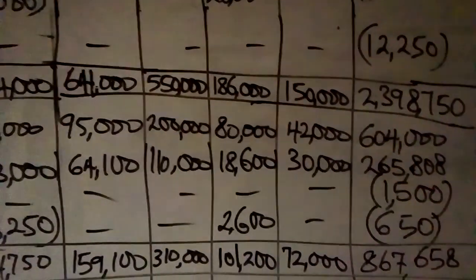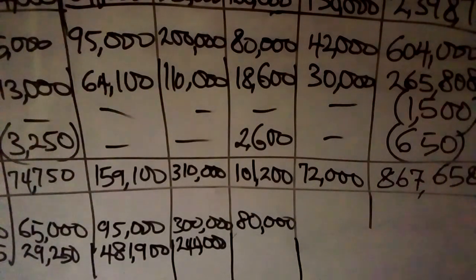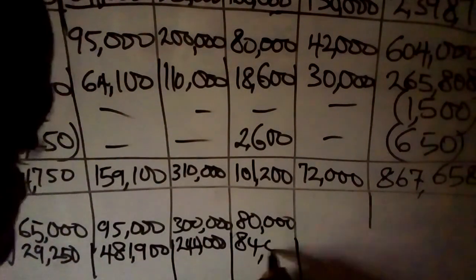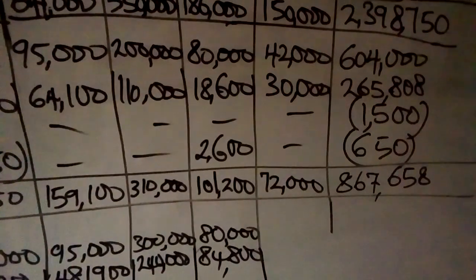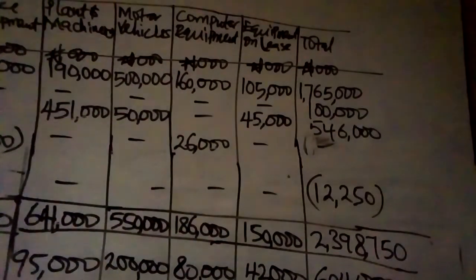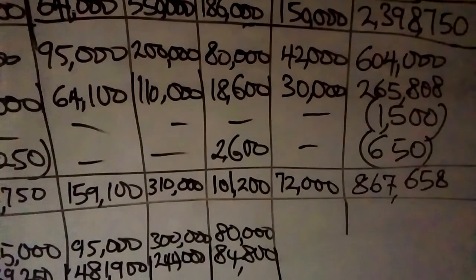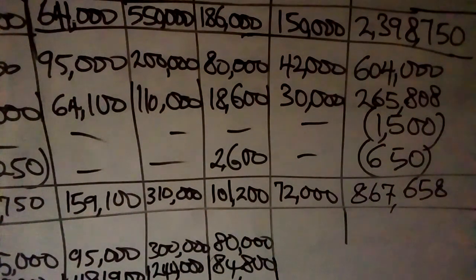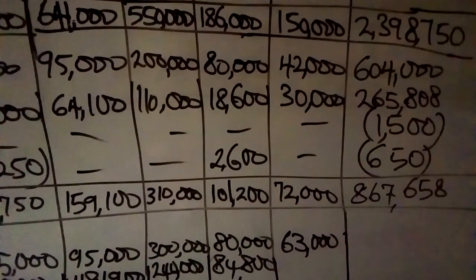Then you have 84,800. Then for equipment on lease, opening balance of 105,000 minus opening balance of 42,000 in respect of depreciation. Then you have 63,000. If you subtract the closing balance, you have 78,000.